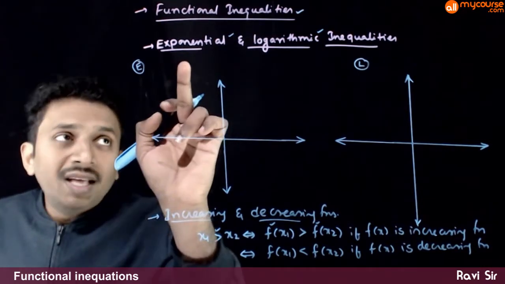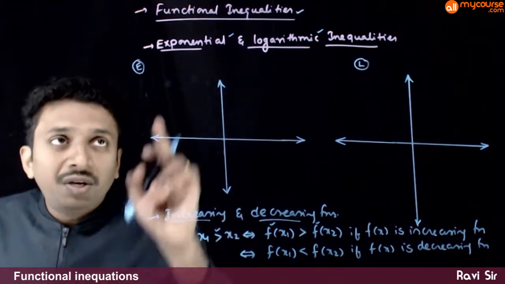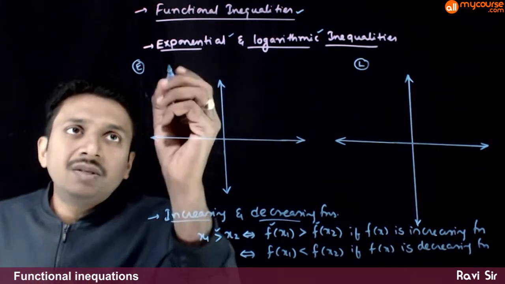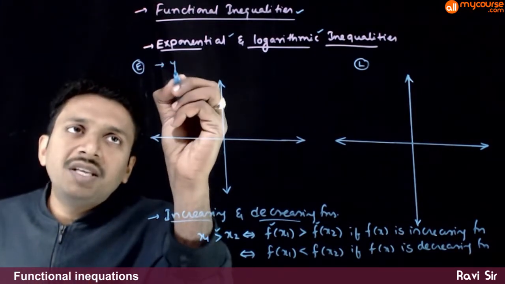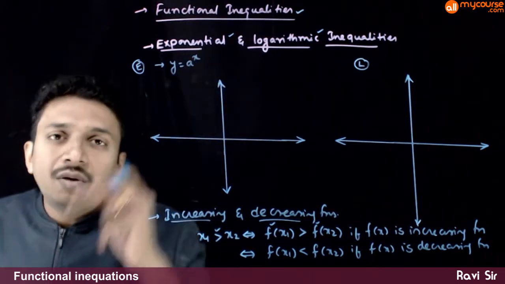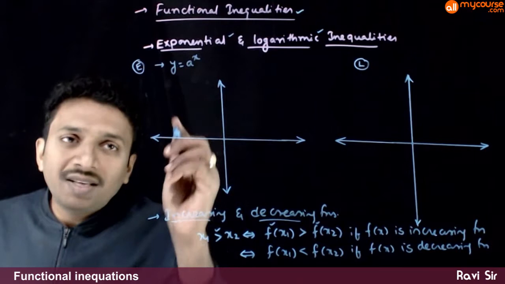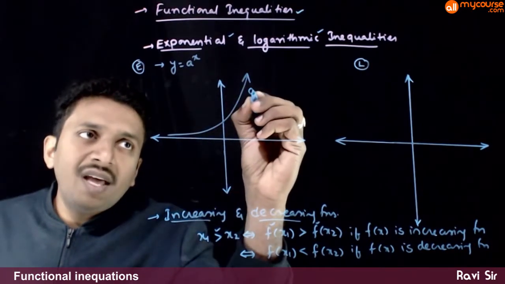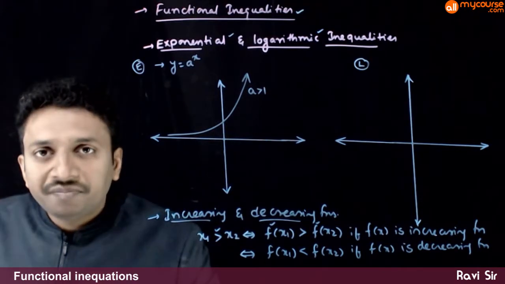Now, to analyze exponential and logarithmic inequalities, we need to understand the increasing decreasing nature of these functions. We know that the exponential function is y is equal to a power x. The graph looks something like this if a is greater than 1.